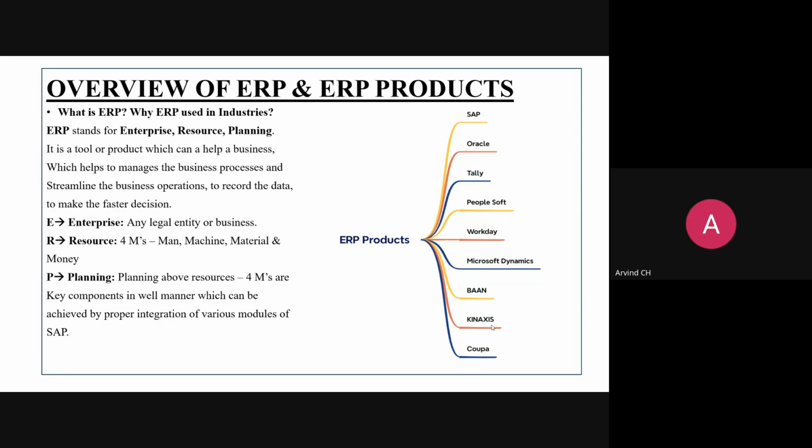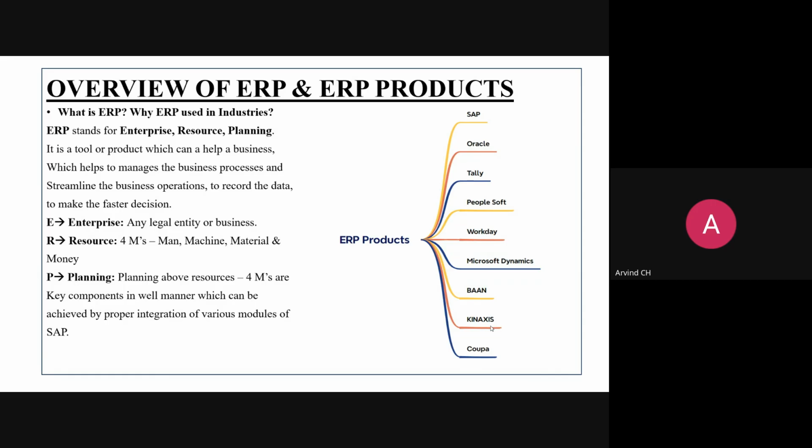Why do we have to identify the gaps? Because a business should always be on the profit side, not the loss side. Whether my operation is going smoothly or not, whether I'm getting proper production or not, whether my inventory is correct or not, whether my sales is in an increasing or decreasing trend, and which zone has a decreasing trend.